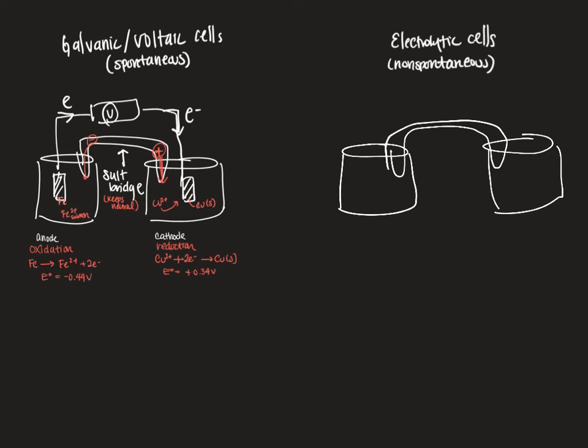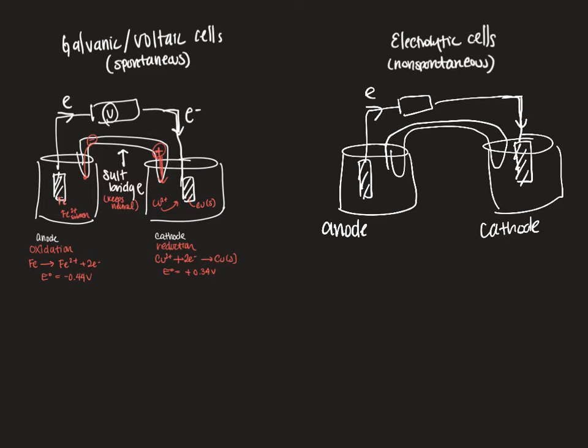We have our salt bridge, electrode number 1, and electrode number 2. But in this case, this is our anode, and this is our cathode, the same sort of situation. Electrons are still always flowing from the anode to the cathode.